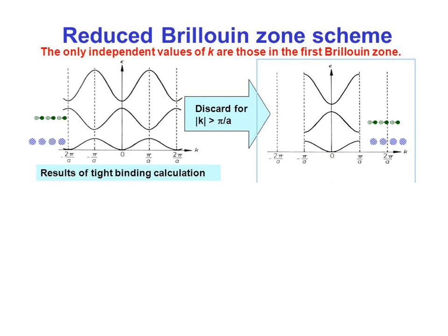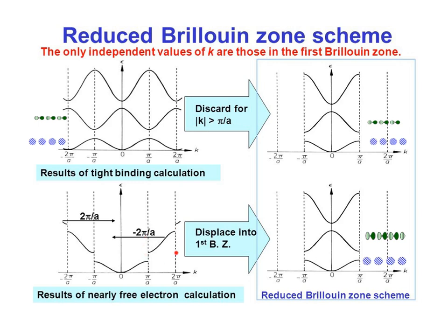If we do the same for the next higher energy p state, we will also get a cosine function, but of opposite sign, because initially we have antibonding interactions, and as we go to higher wave vector, we will get more bonding or lower energy. For free electron wave functions outside the first Brillouin zone, we recognized we could move them into the first Brillouin zone.